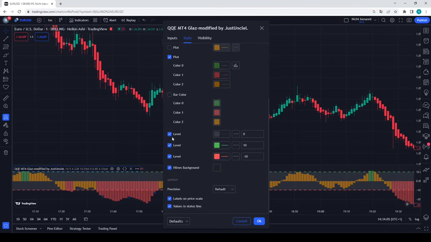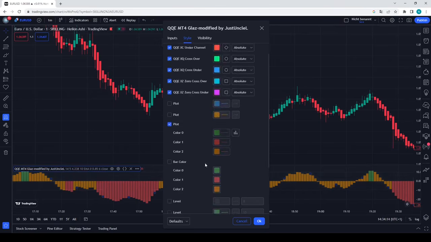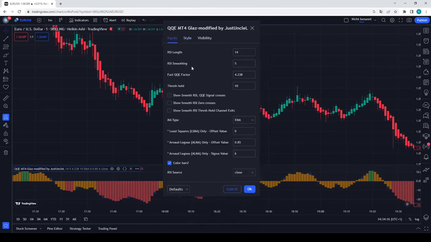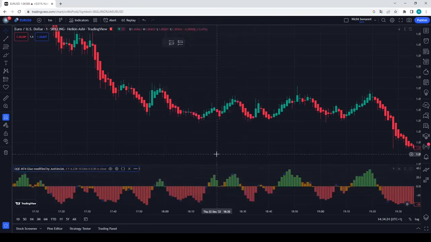Then we want to uncheck all of the three levels as well as the H-line background. So this is how it will look in the style. And in the input, we will change the RSI length from 14 back to 3. Click on OK, and this is the first indicator.